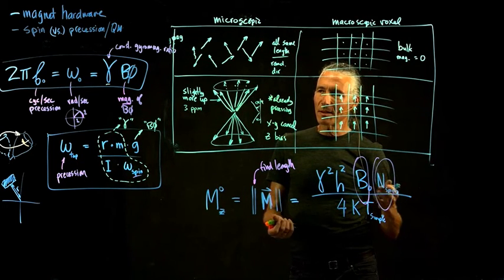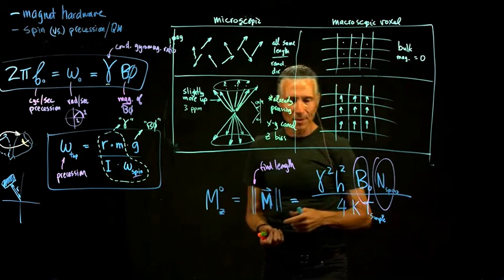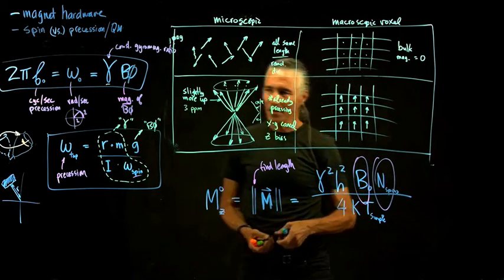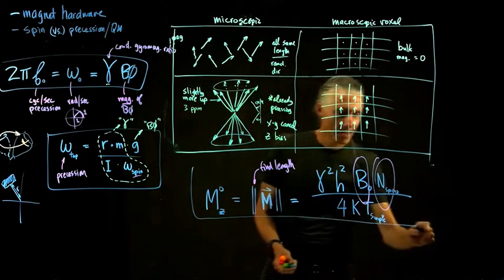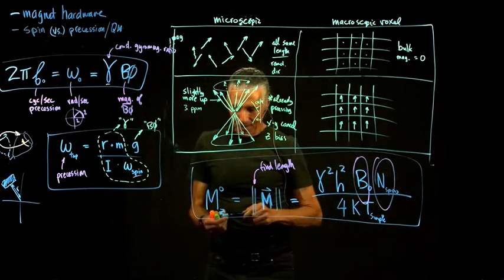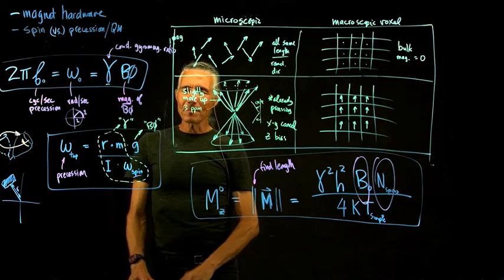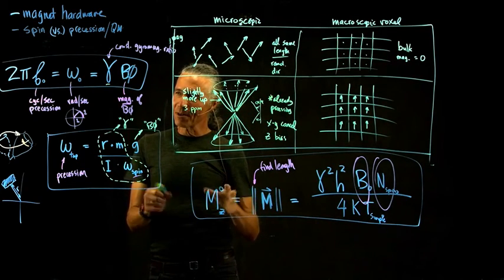The number of spins is just how much stuff is in there. So it's an extremely simple equation. So that's our last equation. Okay, and so now we've finished quantum mechanics. So the rest of the course, no quantum mechanics.